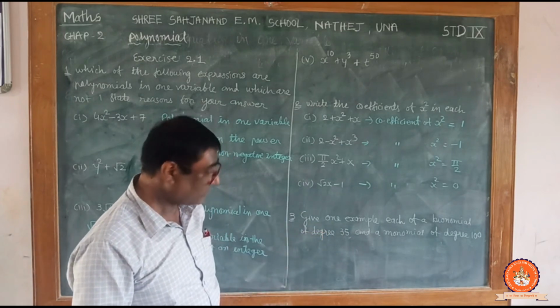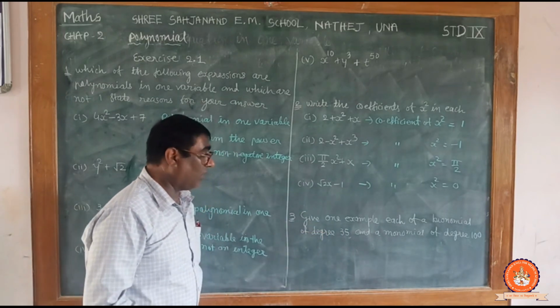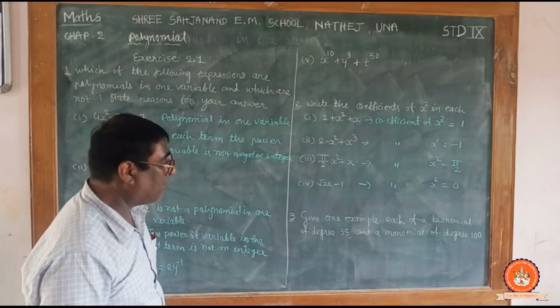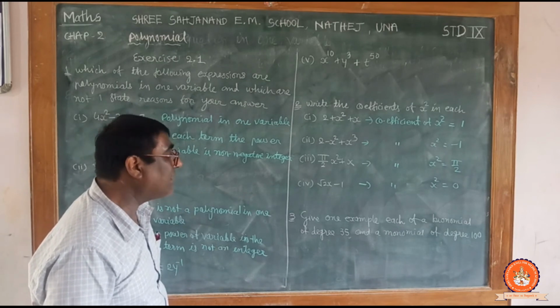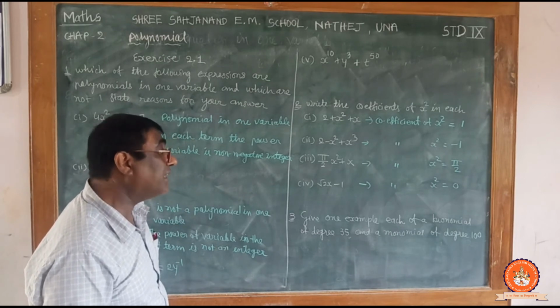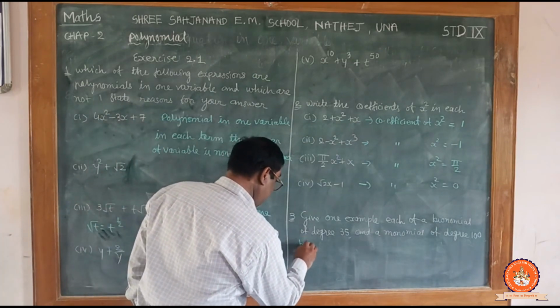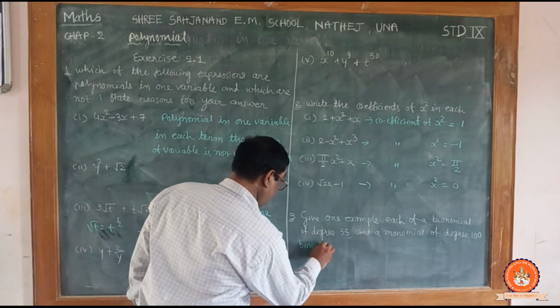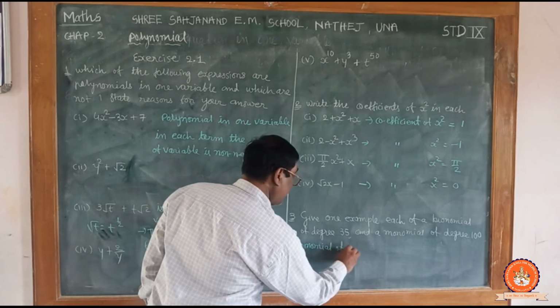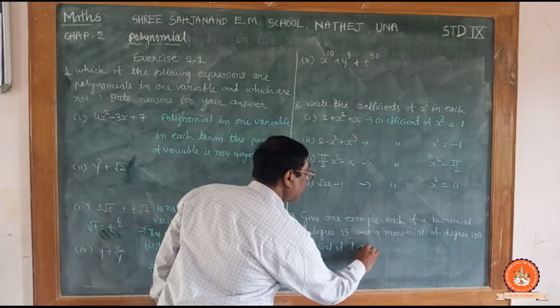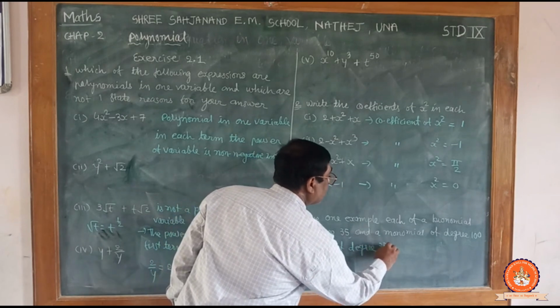Now, give one example each of a binomial of degree 35 and a monomial of degree 100. Binomial of degree 35.